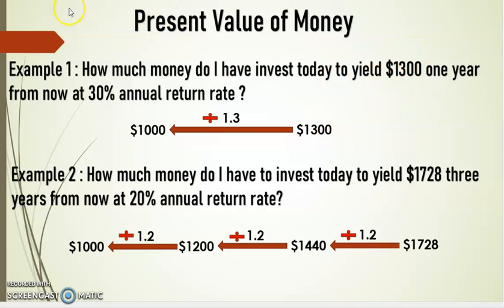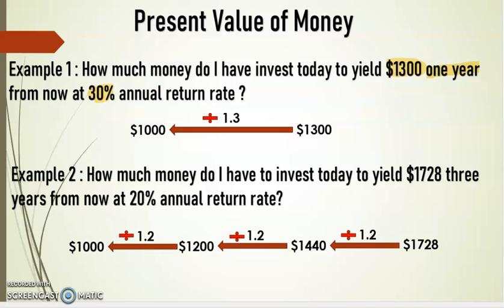So in this question: how much money do I have to invest today to yield 1,300 after 1 year from now at 30% annual return rate? I don't know the exact amount I need to invest today to get that amount.